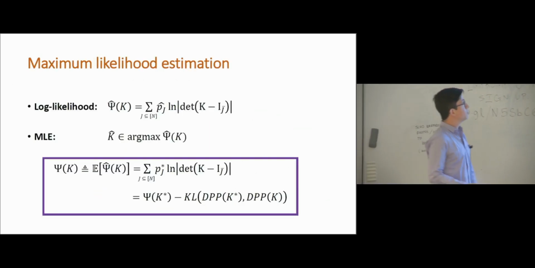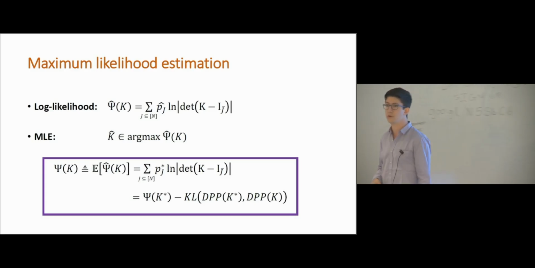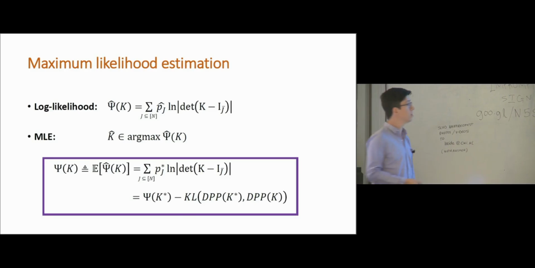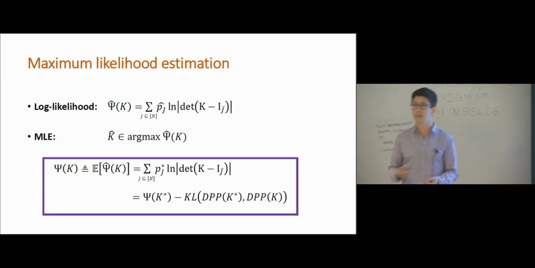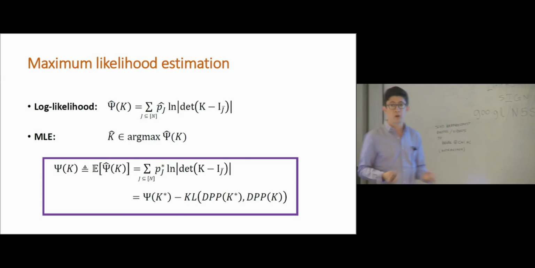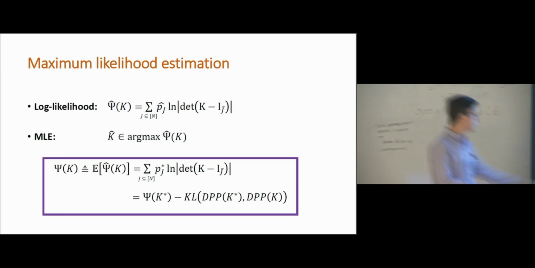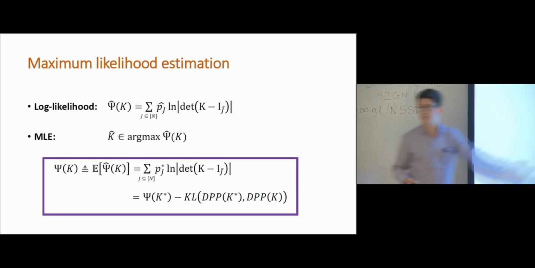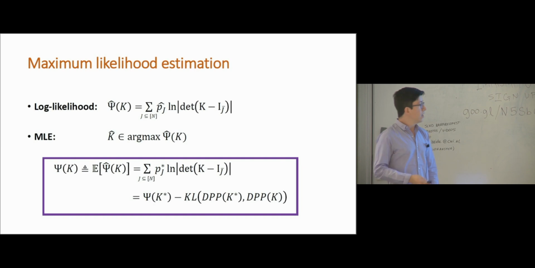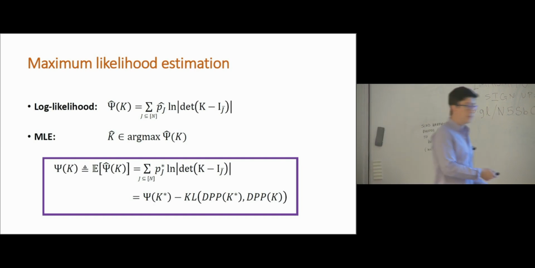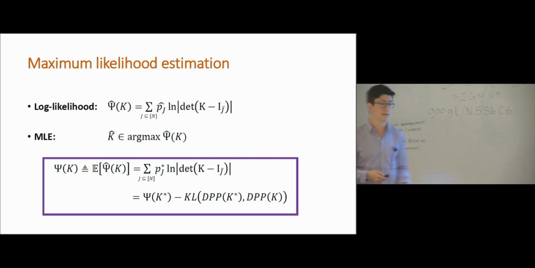So, okay, we're doing maximum likelihood estimation. Here is the formula for the log likelihood function, and the MLE is just a maximizer of the log likelihood. One function that is very important is the expected log likelihood, psi, which is related to the KL divergence between DPPs. It's important to study this because a key quantity is the Fisher information matrix.